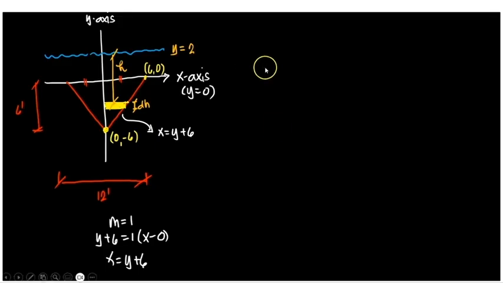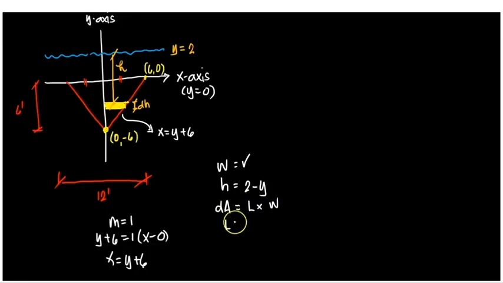So let's complete all the parts. W, H, dA. W is constant. H is 2 minus y. It's not 0 anymore. And then dA would be length times width. It so happened that your length is right minus left.